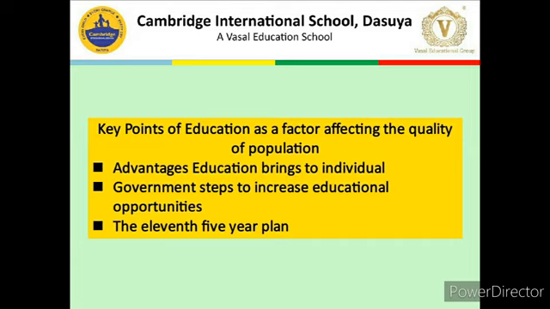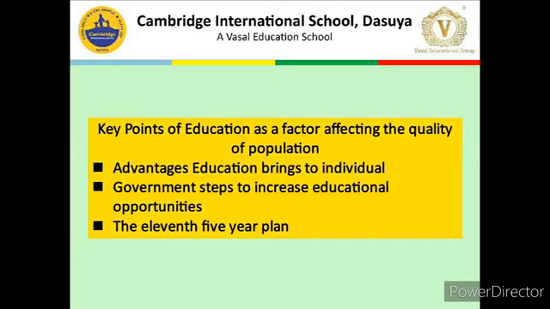After that, we learned that the Government has increased expenditure on education from 0.64% to 3.3% of GDP. The Government has also launched Sarva Shiksha Abhiyan, which calls for free and compulsory education to all children in the age group of 6 to 14 by 2010.